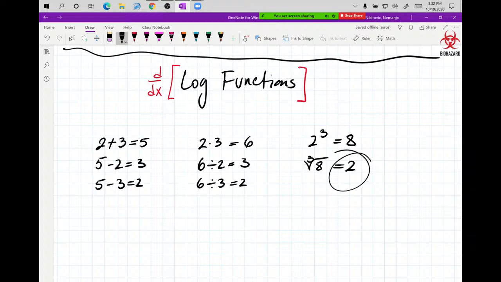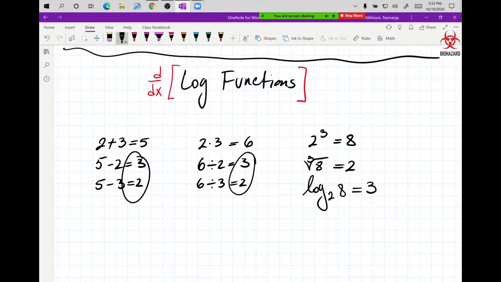So you were able to retrieve 2. How do you retrieve 3? And for that, we use logs. So log base 2 of 8 is 3. And now see, I was able to retrieve both of these just like before when I used the opposite operation.